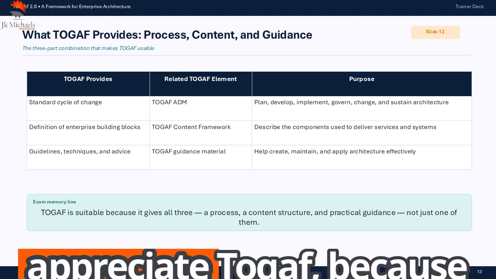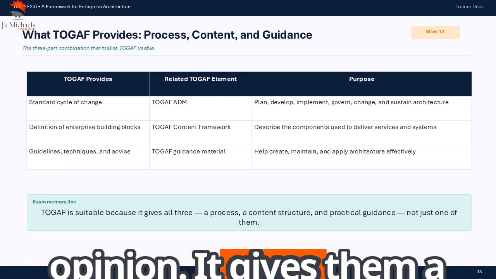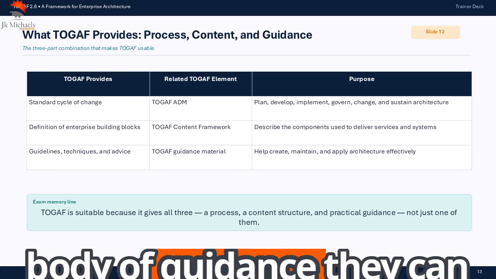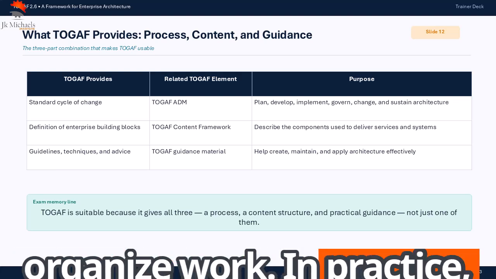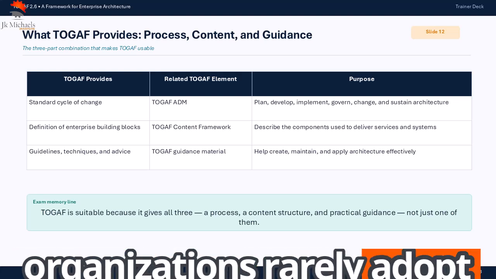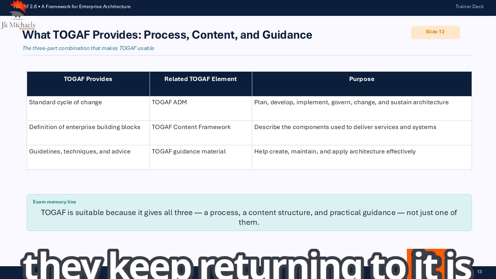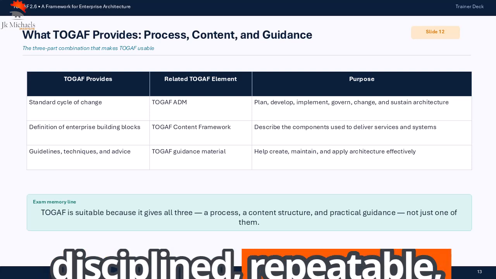Practitioners often appreciate TOGAF because it gives them something stronger than personal opinion. It gives them a recognized method, a content structure, and a body of guidance they can use to justify decisions and organize work. In practice, organizations rarely adopt every part of TOGAF in a rigid way. But the reason they keep returning to it is simple. It helps architecture become disciplined, repeatable, and easier to govern.